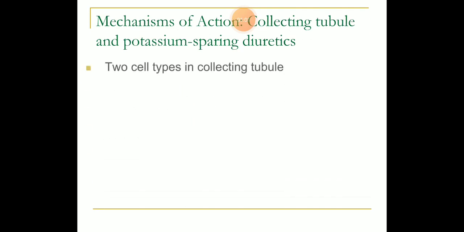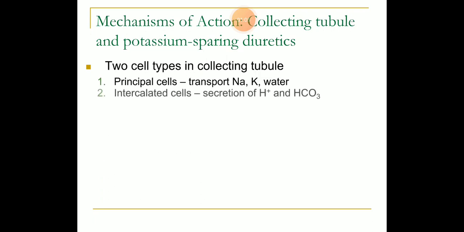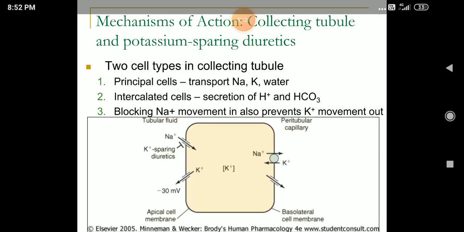So, just have a look at those two cell types. The principal cells are for transport of sodium and water, and the intercalated cells are responsible for secretion of hydrogen and bicarbonate. They are basically blocking sodium movement, and it also prevents potassium movement out.